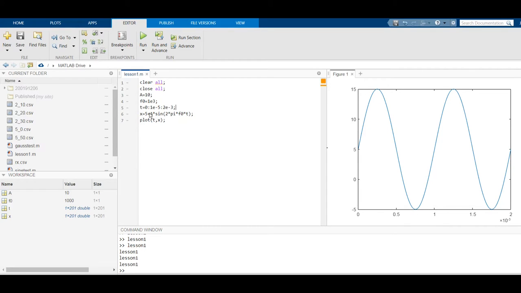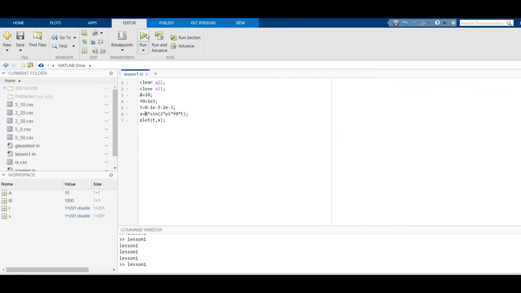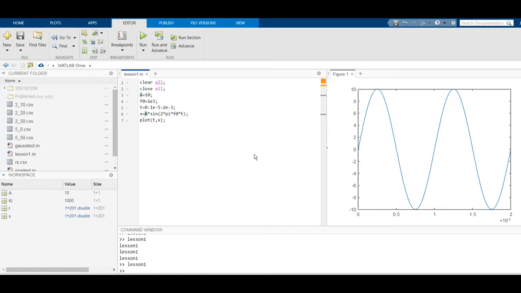Okay, let's go back to our previous thing, which is this. It's a very simple sine wave. So you understand how you can play with your amplitude. You can shift up, you can shift down. Very easy.